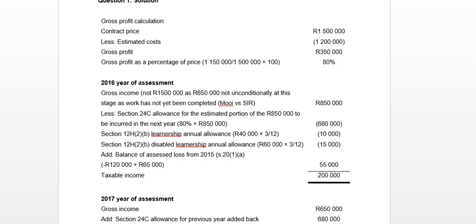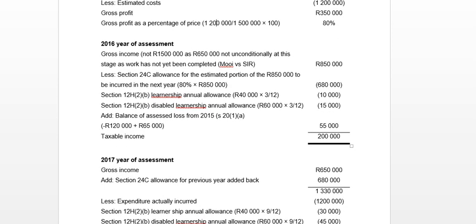So your gross profit is 300,000 Rand. Remember, I changed that 1.15 million to 1.2 million just to make it a nice round number. So if we say 1.2 million divided by 1.5 million, we get a percentage of the price of 80%.